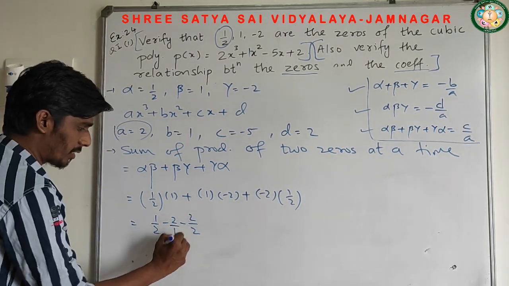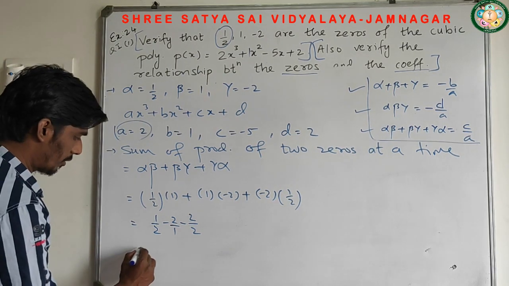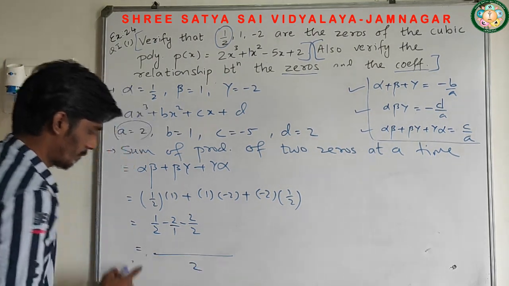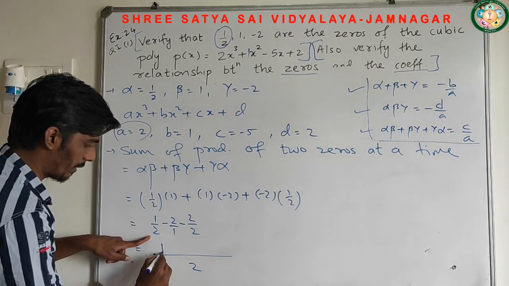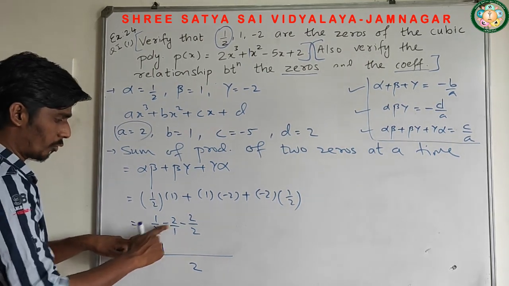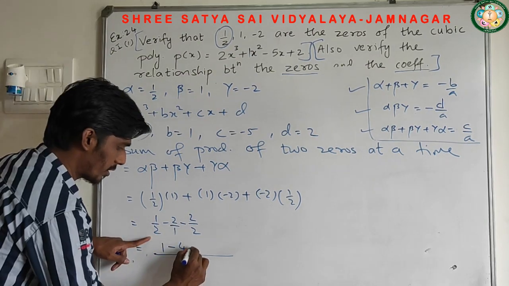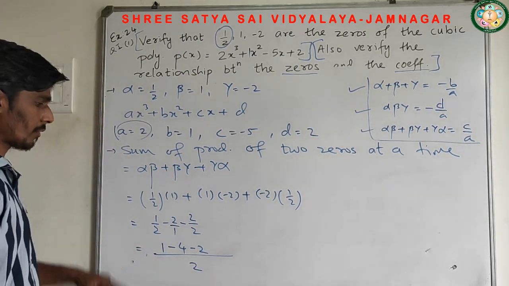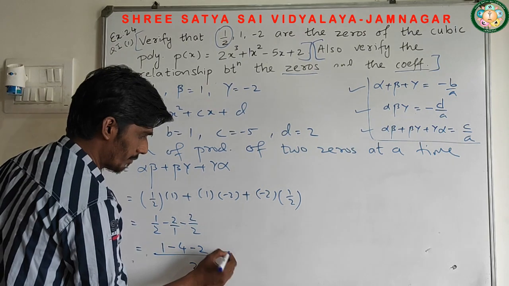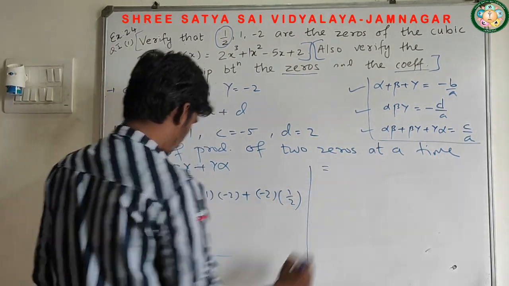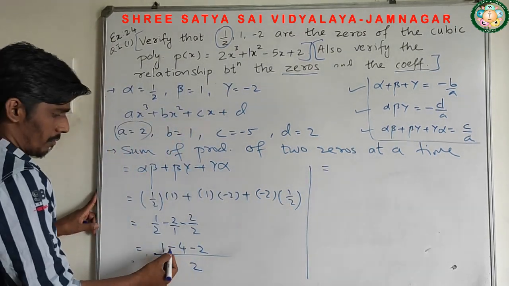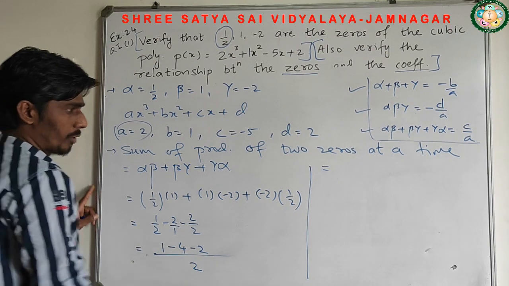If nothing is there, it means 1. Take out 2 as LCM. Here 2 is already there, so the numerator remains as it is. Here 1 is there, so 2 will multiply with 2. It's what? Minus 4, and this 2 remains as it is. So I'll get here equal to 1 minus 4 minus 2, which is what?